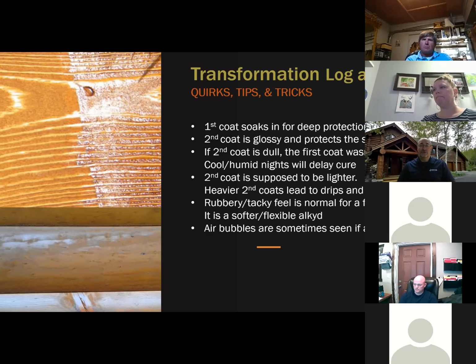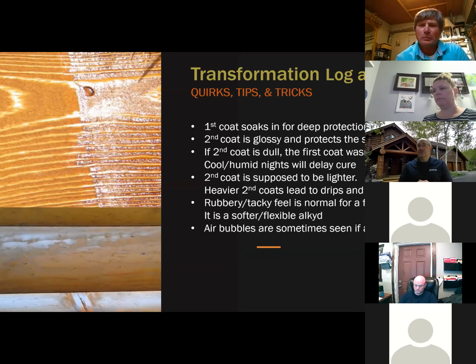The third tip that we see occasionally is sometimes people get air bubbles coming through the stain. And that is most often seen with a sunlight type of situation. Either they've applied it in the sun, or they've applied it right in the shade before the sun came and hit that wall.